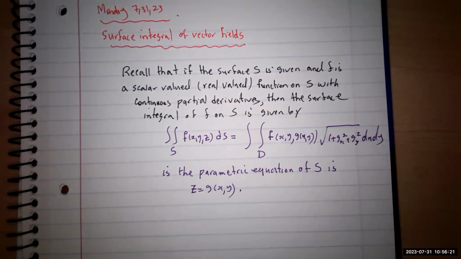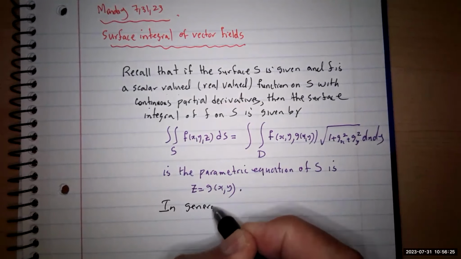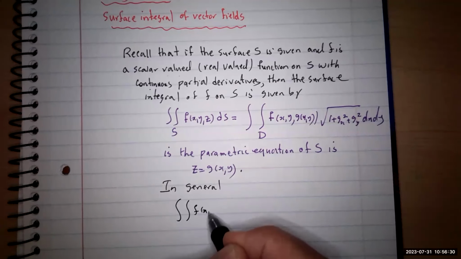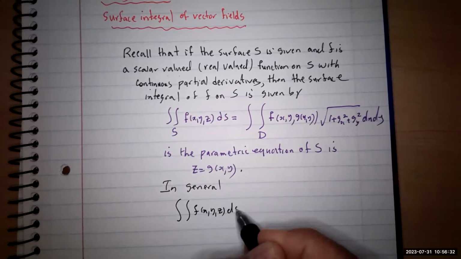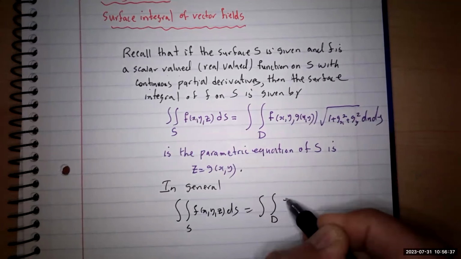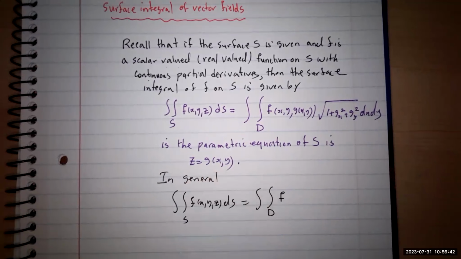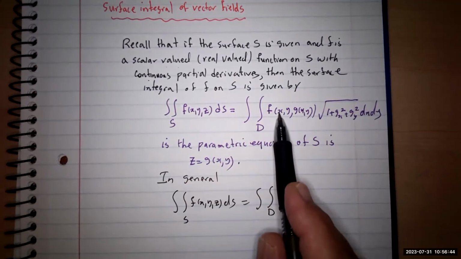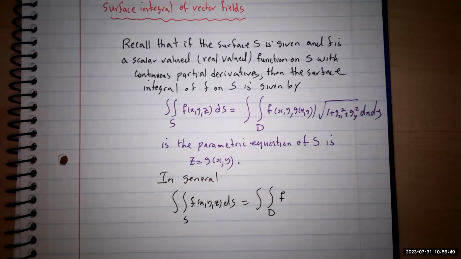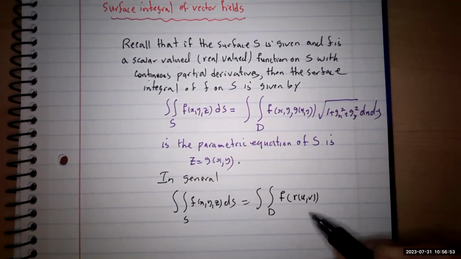In general, if the surface integral of f(x, y, z) dS is given to you by a parametric equation, here the parameters are x and y. But in general, if it's anything else, then you evaluate the function at those parametric forms.